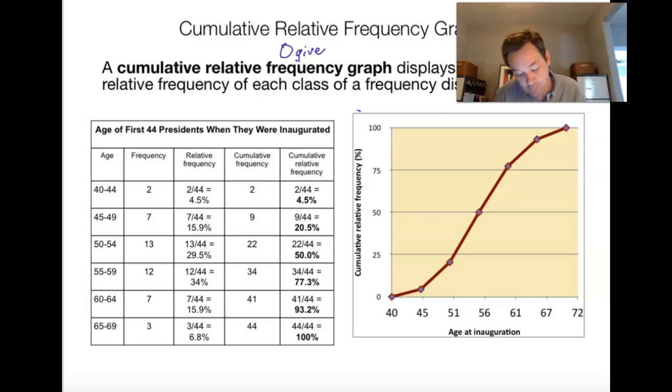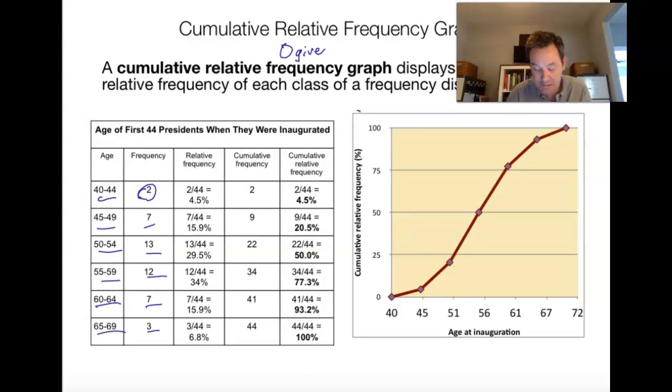And then we've broken this down into a frequency table. So there were 2 presidents who were between 40 and 44 years old when they were inaugurated. There were 7 from 45 to 49, 13 from 50 to 54, 12 from 55 to 59, 7 from 60 to 64, and 3 from 65 to 69.